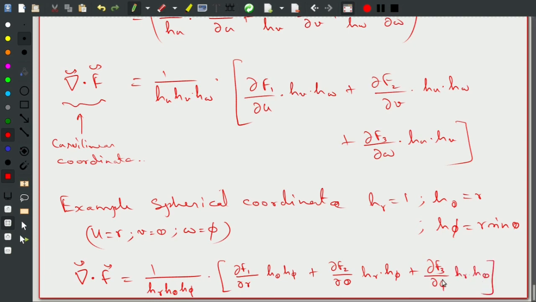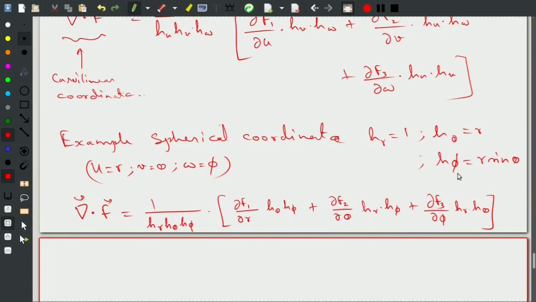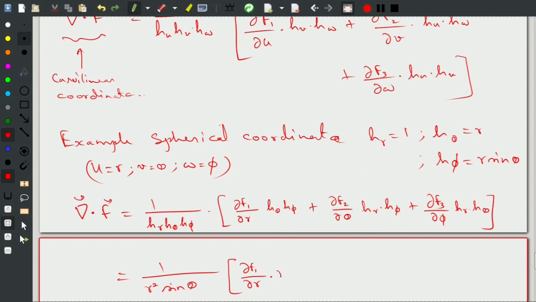If we substitute these values of h r, h theta, and h phi in this expression, we have 1 by r square sine theta times dou f1 by dou r of r square sine theta, since h theta and h phi give r square sine theta.